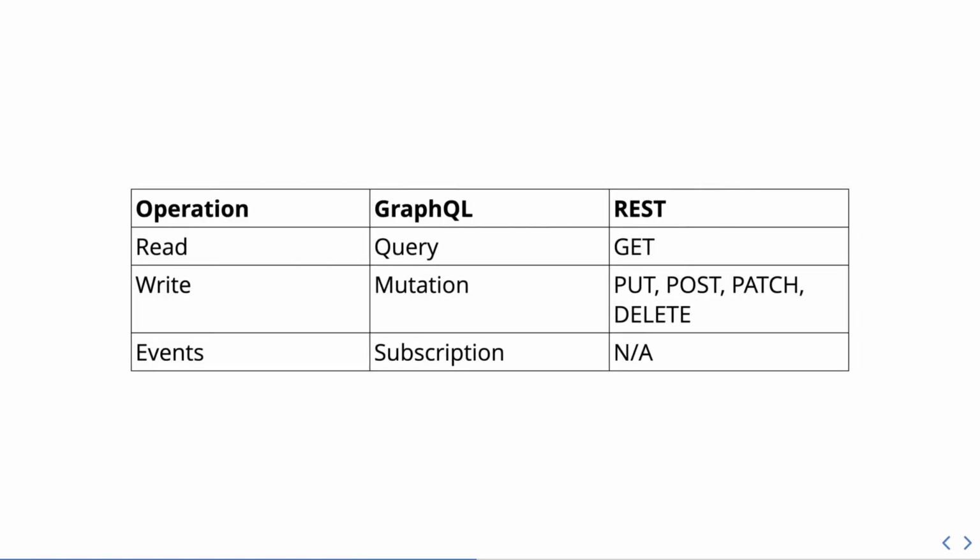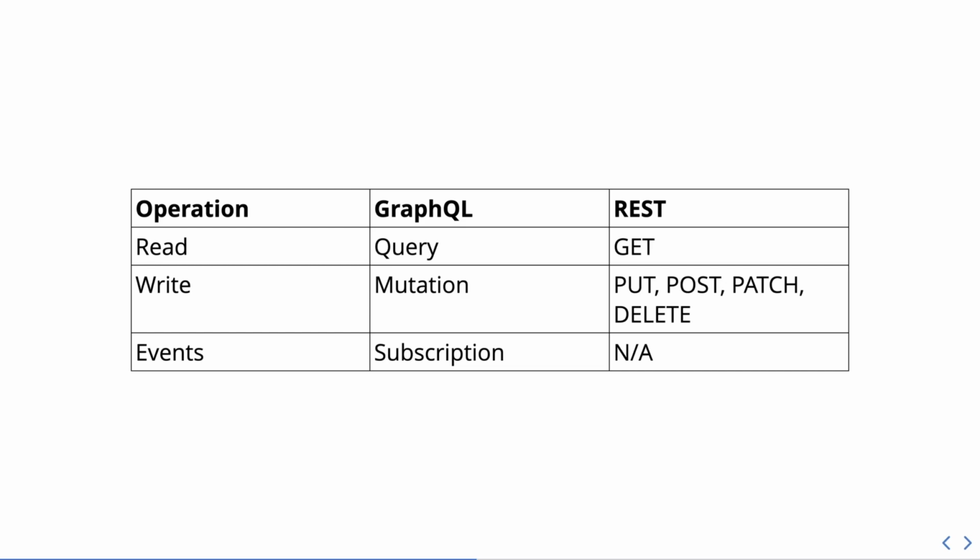So we first saw that I did a simple query. A query is basically a read operation against the GraphQL server. The GraphQL server has three kinds of operations. So we have query, read, and reads are expected in GraphQL to be side effect free. And then we have mutations.